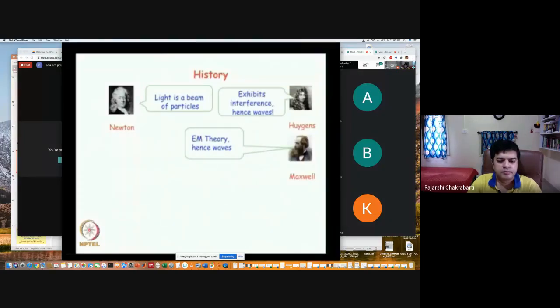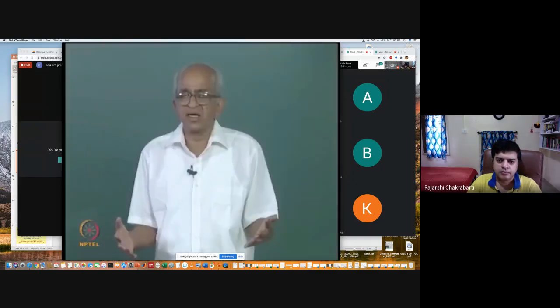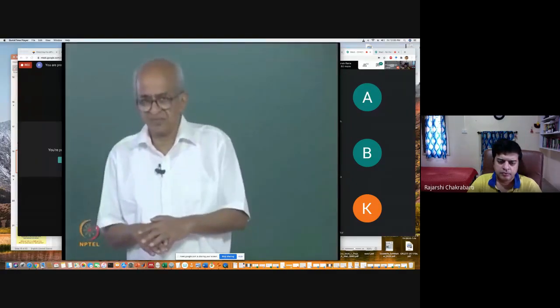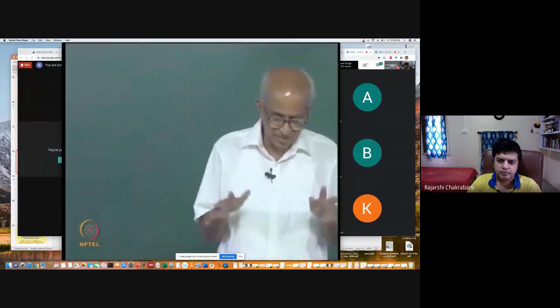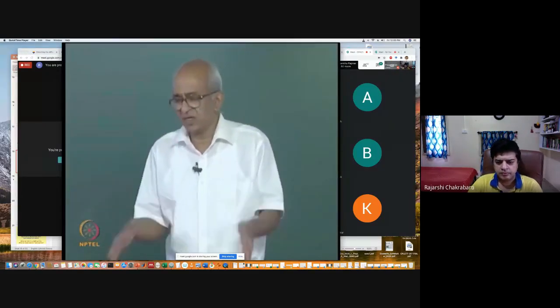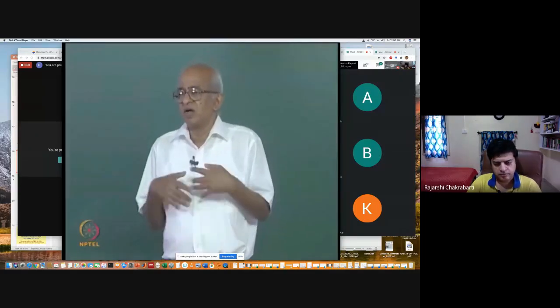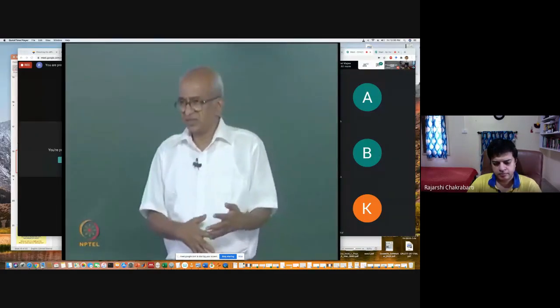Until Einstein came along, and he said that in order to explain the phenomenon of photoelectric effect, the experimental observations of photoelectric effect, you have to assume that light has a particle nature. So all the observations regarding the photoelectric effect could be explained assuming that light has a particle nature, it is a beam of particles.